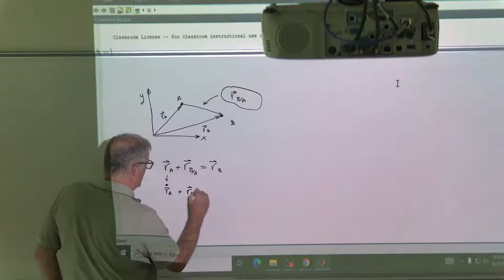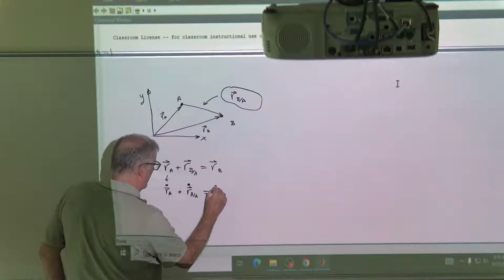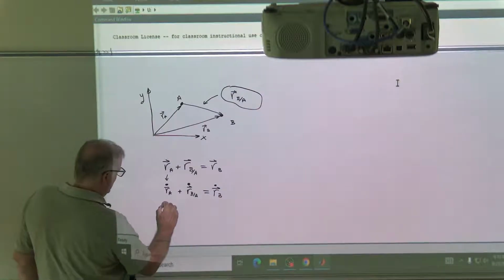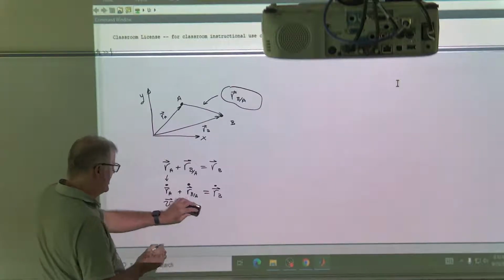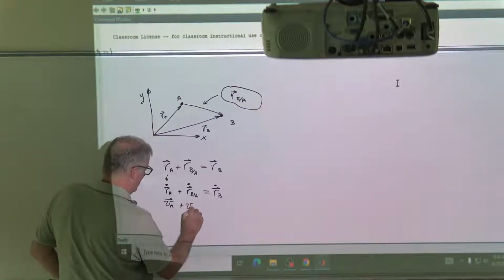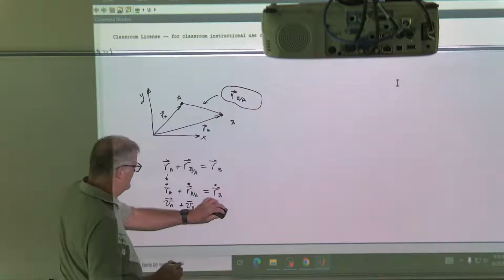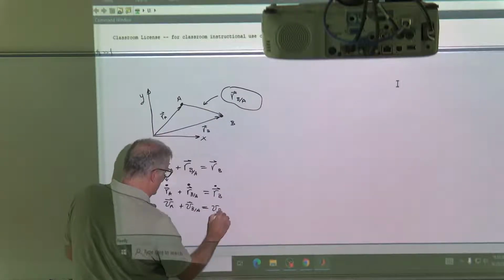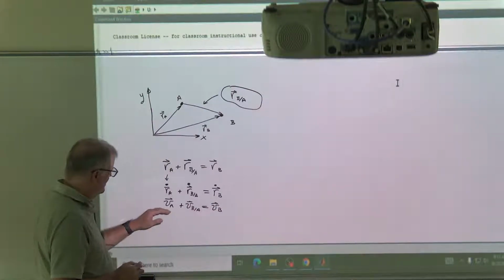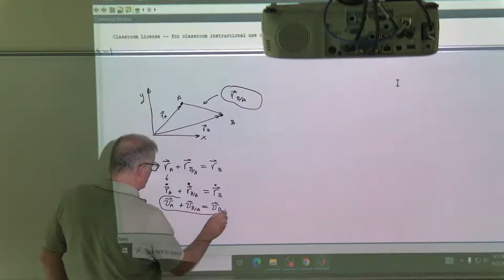And then you can just replace that with velocity of A plus velocity of B relative to A equals velocity of B. Now just stop here for a minute and think about this one.